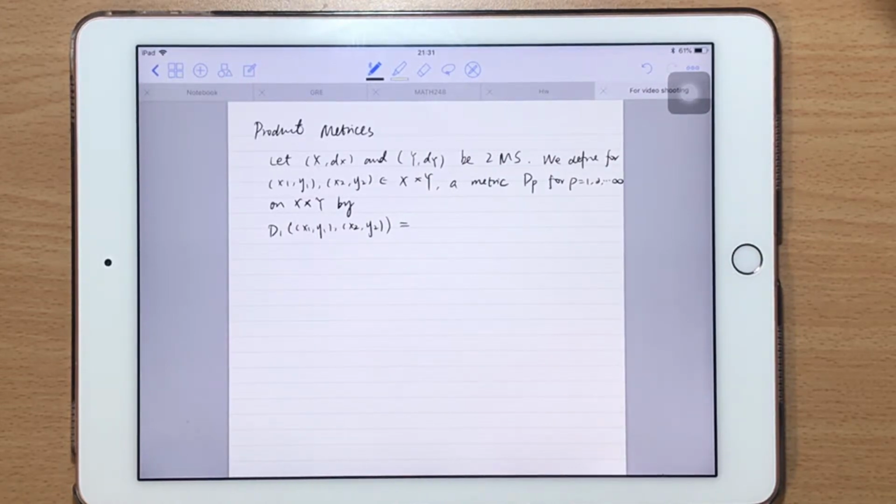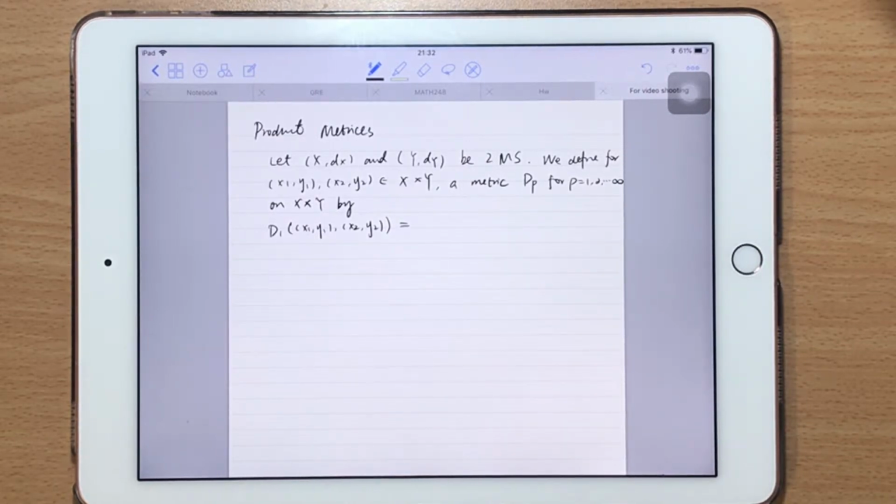And if you are given a set and a distance function or a metric such that the metric satisfies those three axioms, then the set and the metric together are called a metric space.